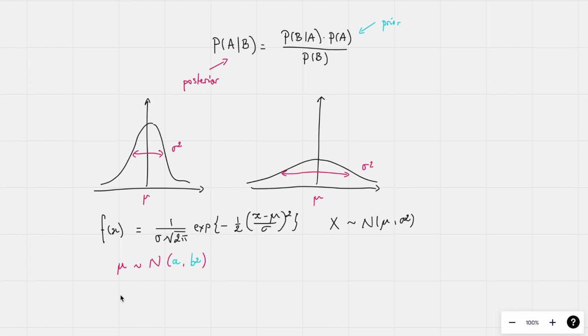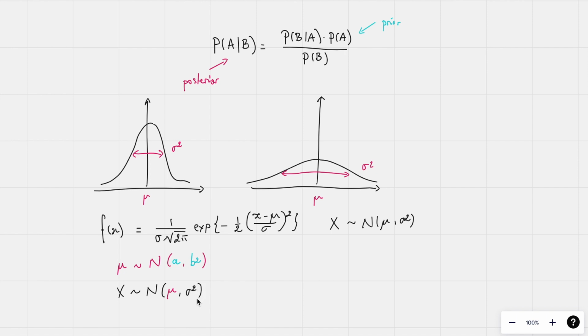And when this is done, then x will have a Gaussian distribution of which the expected value is mu and of which the standard deviation is sigma, which is a known value.